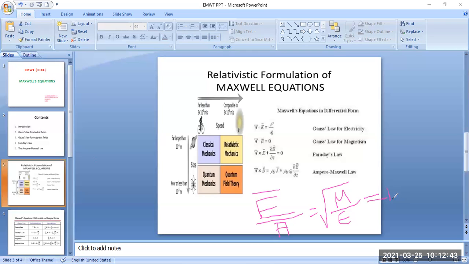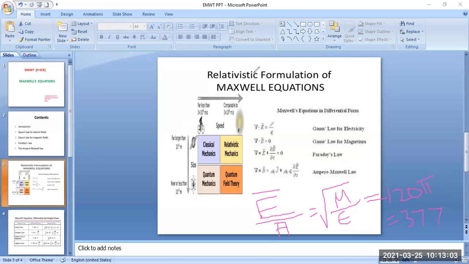That value is nearly 120 pi in free space. Why? Because in free space, mu is equal to mu naught and epsilon is equal to epsilon naught. So that gives 120 pi or 377 ohms.